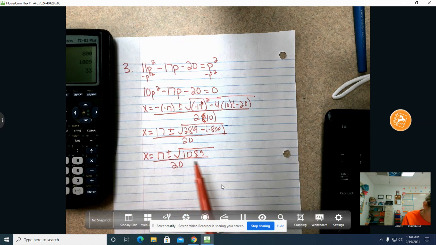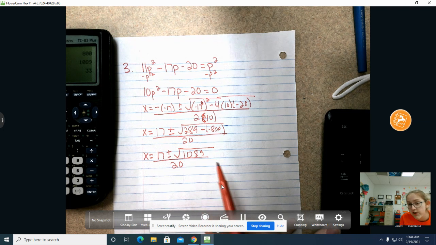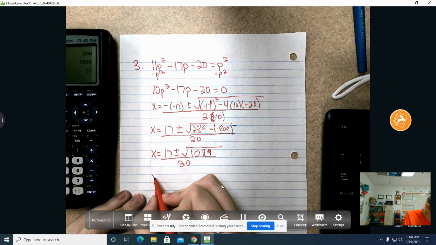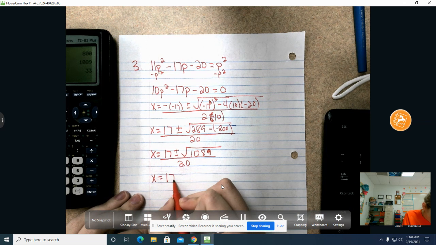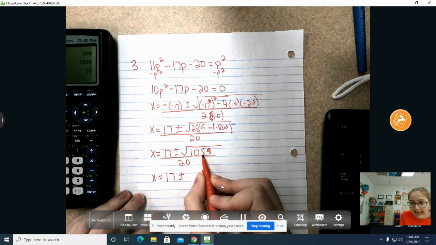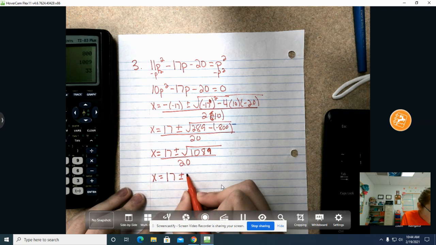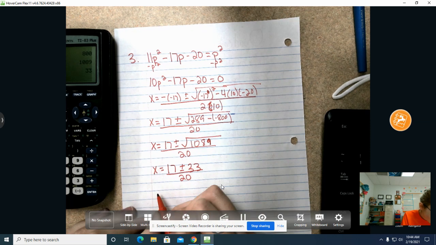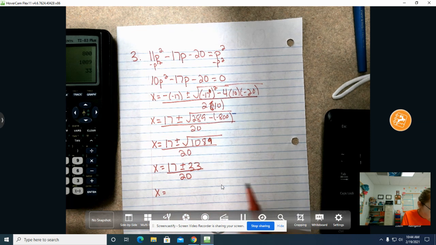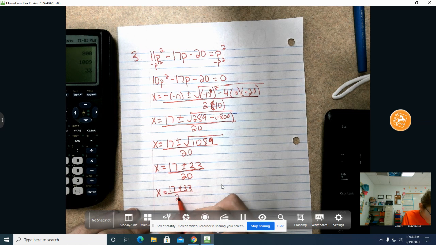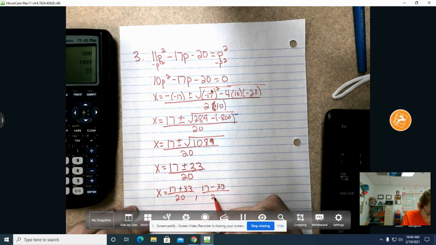And then this is not one of the perfect squares that we know off the top of our head, but it is a perfect square, so always double check in your calculator, and you're going to get 17 plus or minus the square root of 1089, which is 33, over 20. So then your answer would be 17 plus 33 over 20 and 17 minus 33 over 20.